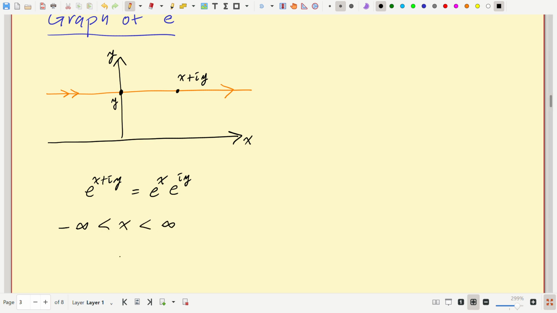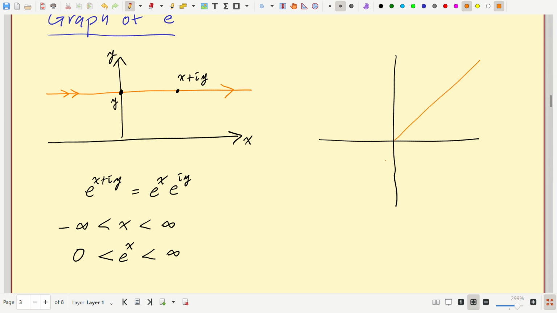So e to the x, we know what the real exponential does. E to the x is going to go to infinity on the right, but e to the minus infinity goes to 0. And so as that x plus iy traces out that orange line, it's going to get mapped over to this orange line.